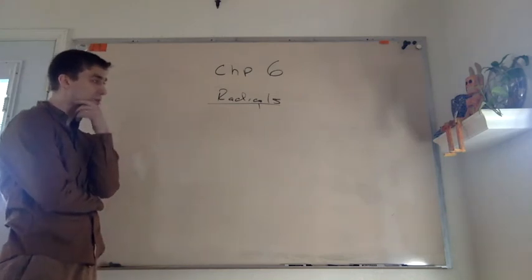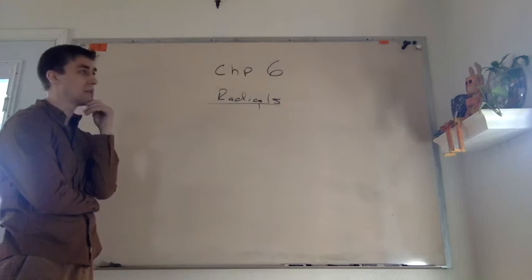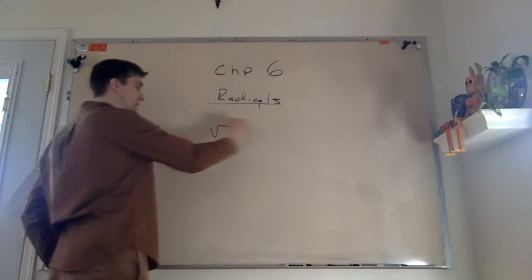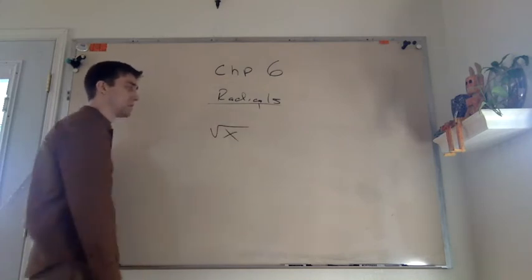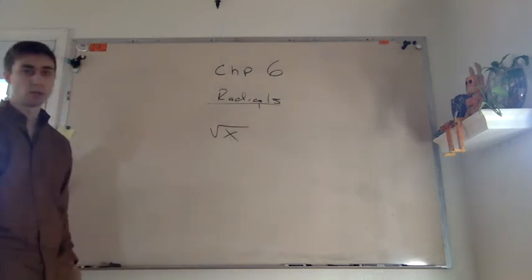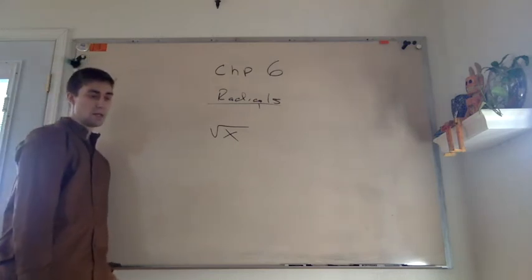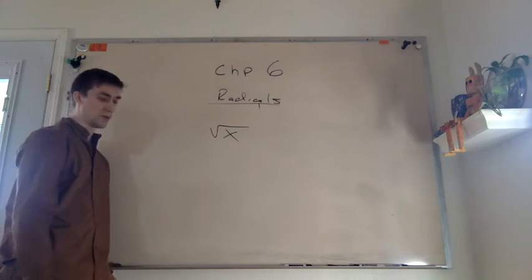So what's going to happen is eventually you're going to get to the point where we do something like this, where you're taking the square root of something that you don't know yet. You don't know what you're taking the square root of yet.